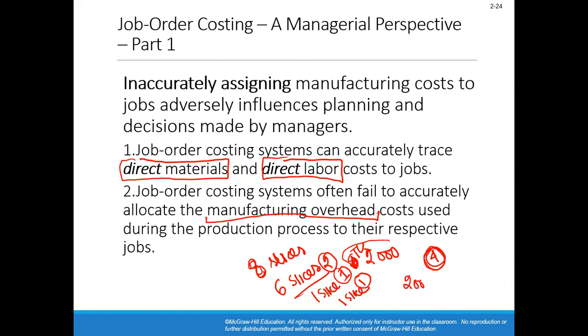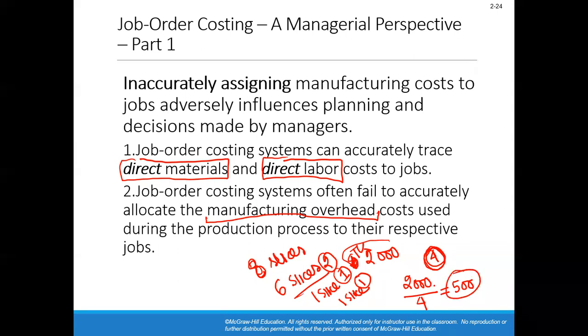So divide the 2,000 by 4 seats, and it is 500 per seat. How much do you need to pay if the cost is allocated based on the number of seats? 500.